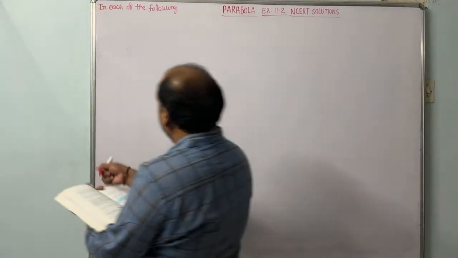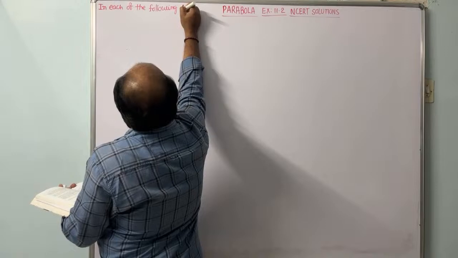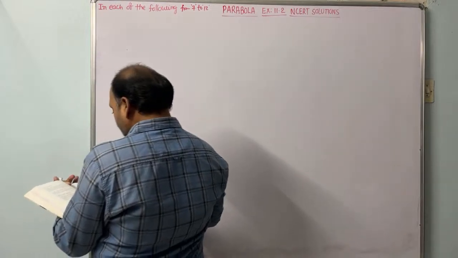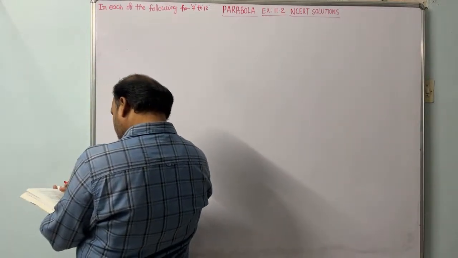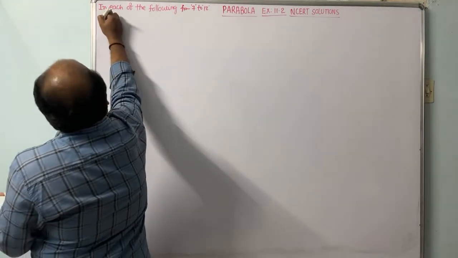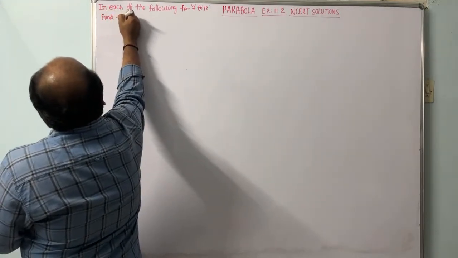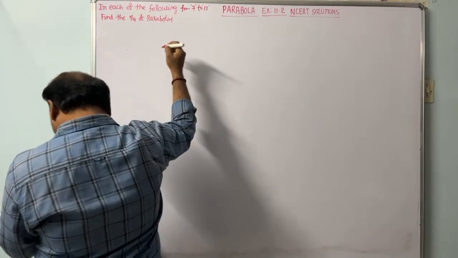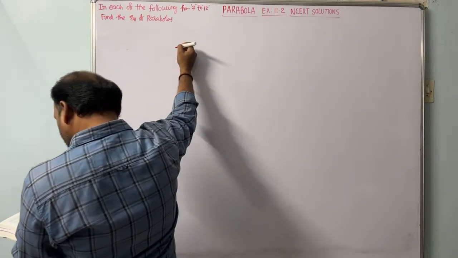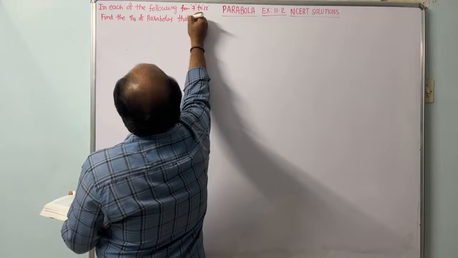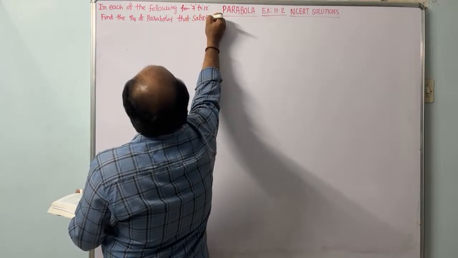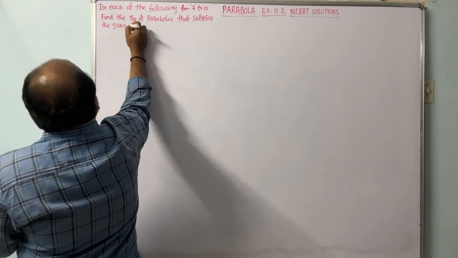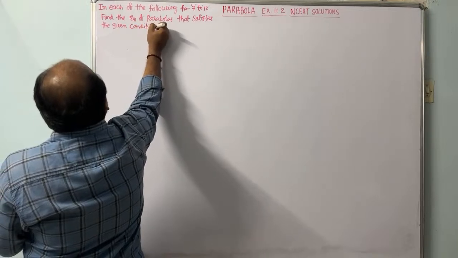In each of the following questions, from question number 7 to 12, five questions are there. Find the equation of parabolas that satisfies the given conditions. So what are the conditions that we are going to write?